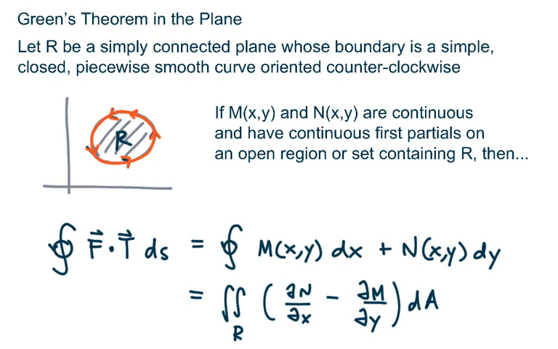Green's theorem applies to any vector field, independent of our interpretation of the field. Now, this is the Green's theorem form for circulation density, or the curl form, but there's also a Green's theorem for flux or divergence.